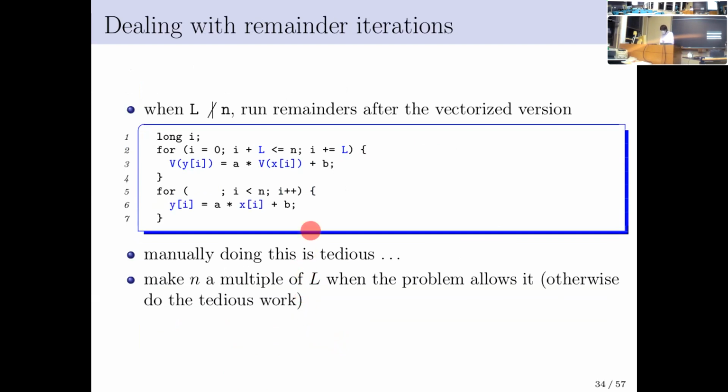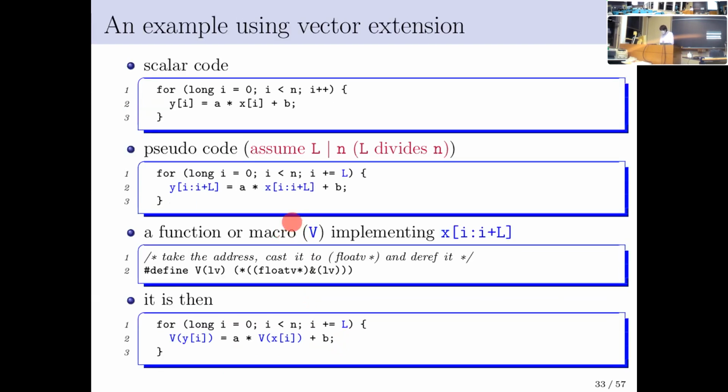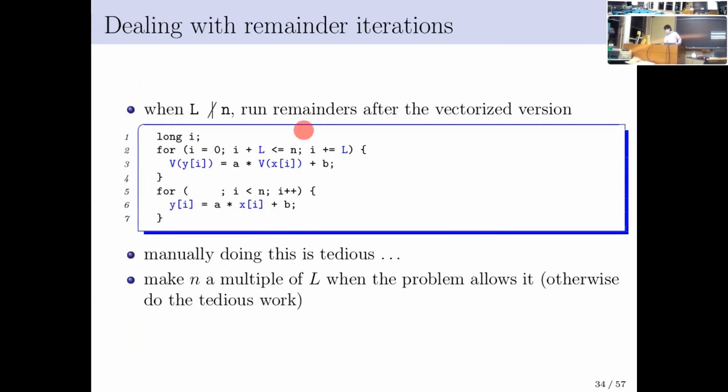The only thing is, in this slide, I assume that L divides the number of iterations n. If L doesn't divide n, for example, n is 17, whereas L is 16, then you need to run some remainder iterations without using vector instructions.